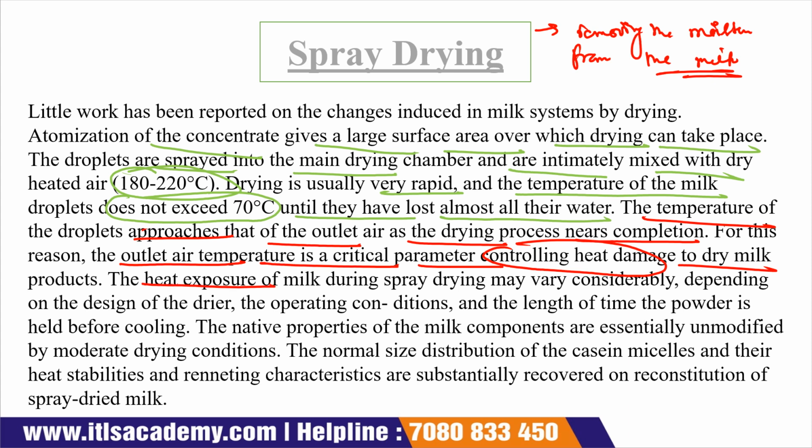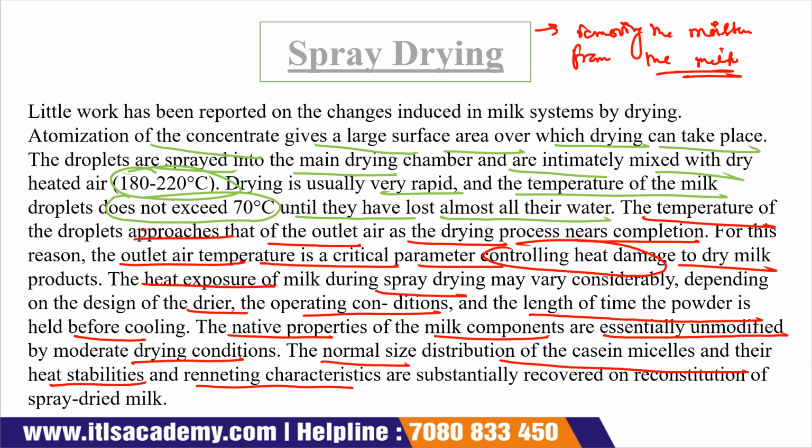The heat exposure of milk during spray drying may vary considerably. It totally depends upon the design of the dryer, operating conditions, and the length of time the powder is held before cooling. The native properties of the milk components are essentially unmodified by moderate drying conditions. The normal size distribution of the casein micelles, and their heat stability and rennetting characteristics, are substantially recovered on reconstitution of the spray dried milk.